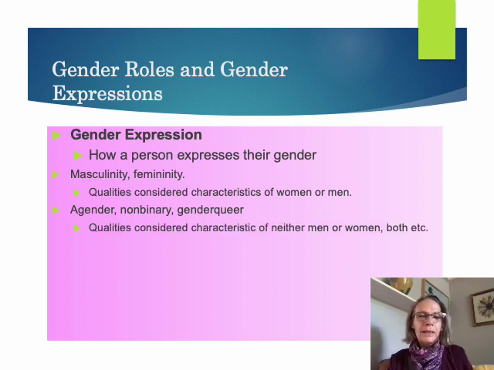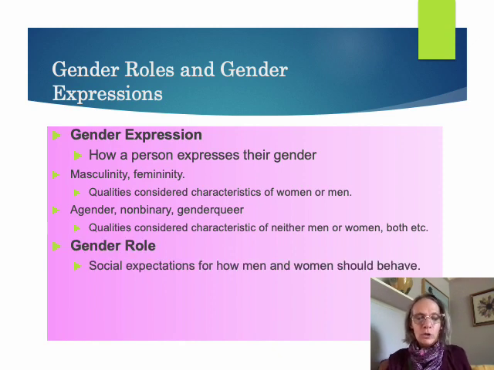The gender expression of a gender non-binary or gender queer person is qualities considered characteristic of neither men nor women, or both. Okay, so bottom line, gender expression is the way in which somebody expresses their gender identity to the world.